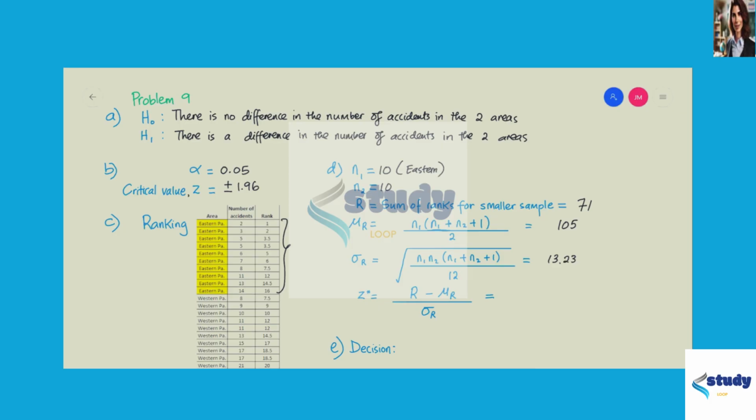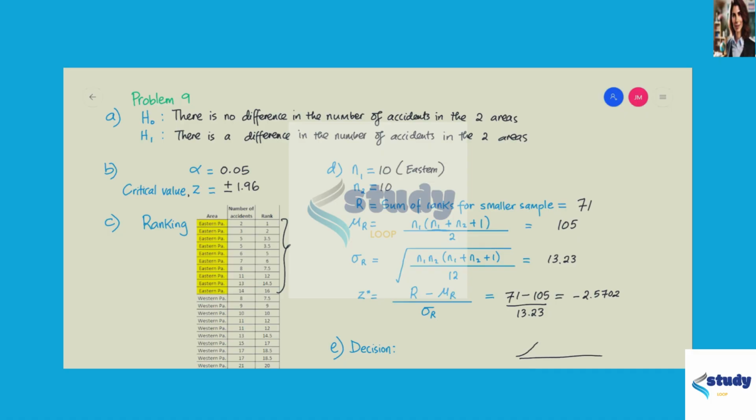Finally, we can work out the value of Z by substituting the values: R, 71, minus mu R, 105, divided by sigma R, which is 13.23, and the result is negative 2.5702.